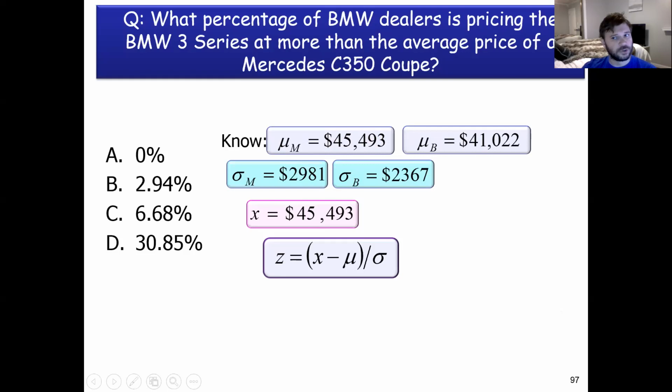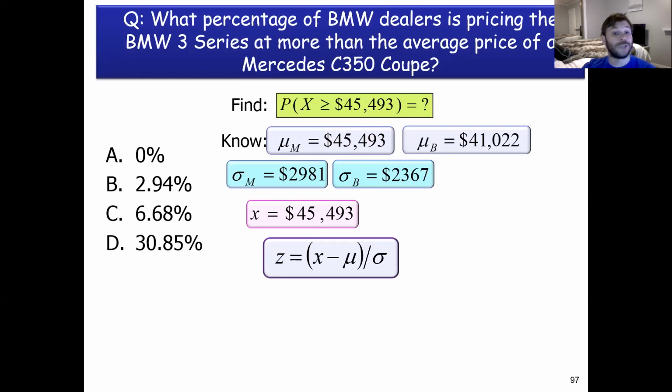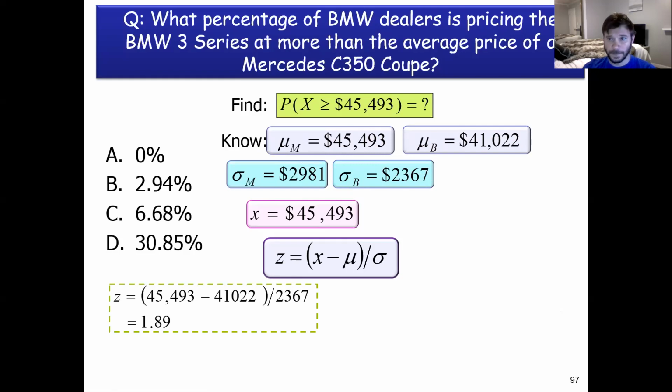This question's a little tricky. We're being asked, what is the probability that the BMW price is greater than that using the BMW distribution? So again, this is an upper tail problem, but we're now using the BMW's mean of $41,022 and the standard deviation of 2,367 to do our Z-score standardization.